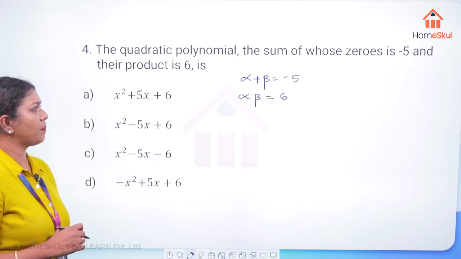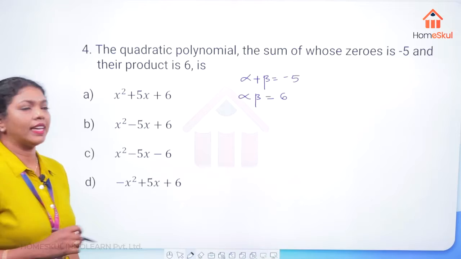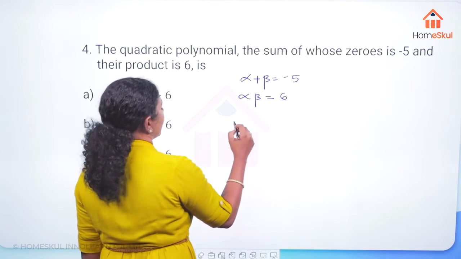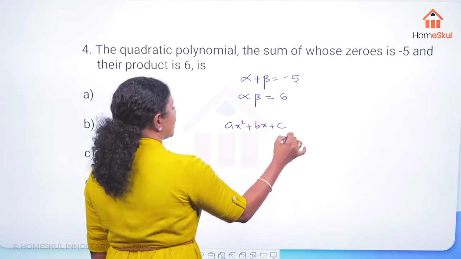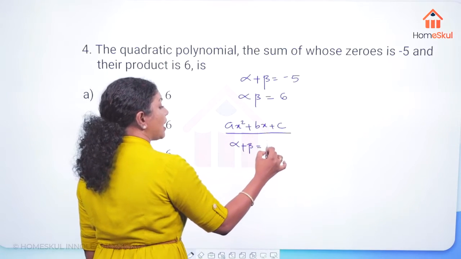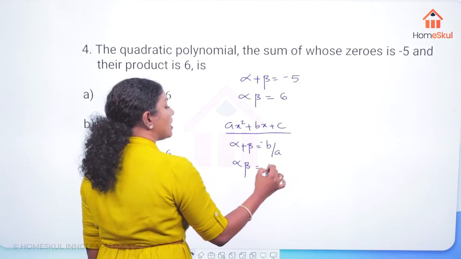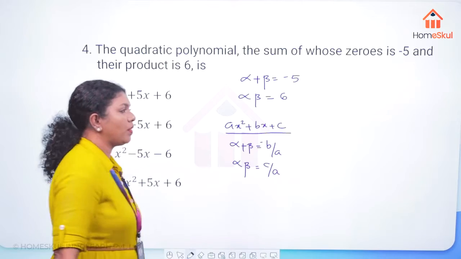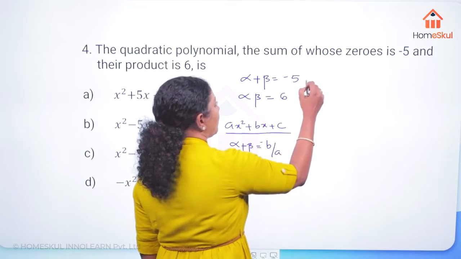Alpha plus beta. So how do you get that? We know it will be like ax square plus bx plus c. This is a quadratic polynomial and alpha plus beta is minus b by a, and alpha into beta is positive c by a. When you have these numbers, if you are getting confused, you can just do the factorization also.